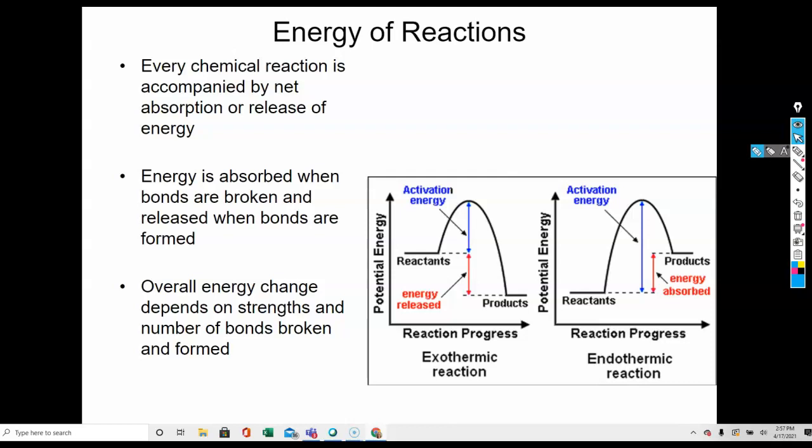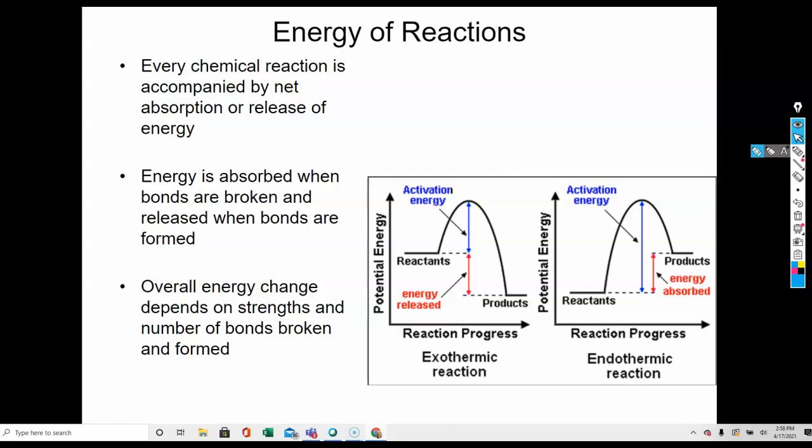Here, it is describing energy as needing to be absorbed when bonds are broken. Bonds do not spontaneously break on their own. They need to absorb some energy to break the bonds, and then some energy is released in the remaking of the bonds.